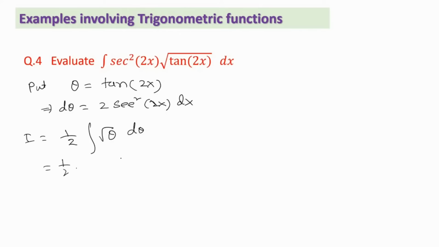So this is equal to half times 2 over 3 theta to the power 3 over 2 plus c. So this is 1 over 3 tan 2x to the power 3 over 2 plus c.